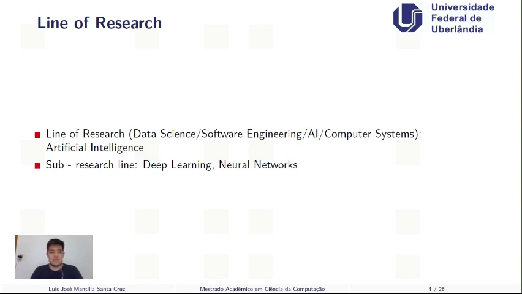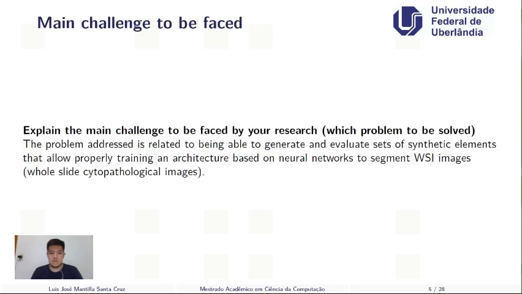The line of research is artificial intelligence, and the sub-line of research is deep learning and neural networks. The main challenge to be faced in this research is the generation of synthetic elements in order to improve the characteristics contained in a dataset.